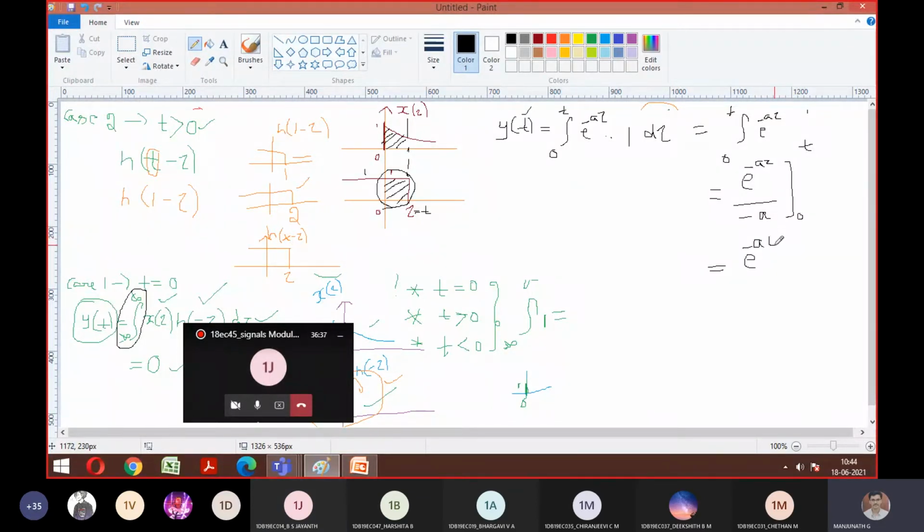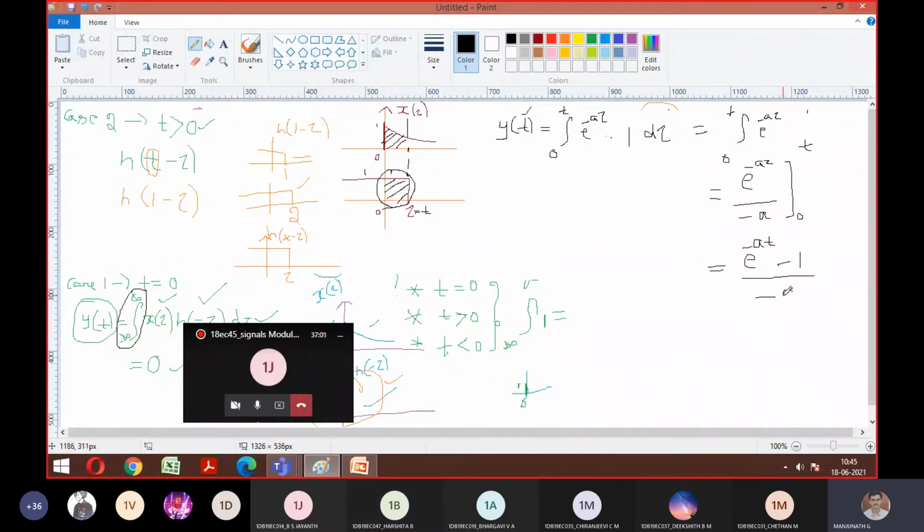Now upper limit minus lower limit. So it is e power minus at, upper limit, minus 1, whole divided by minus a.